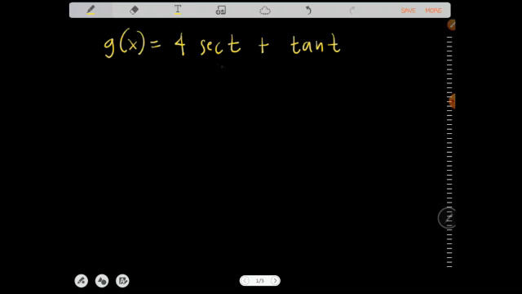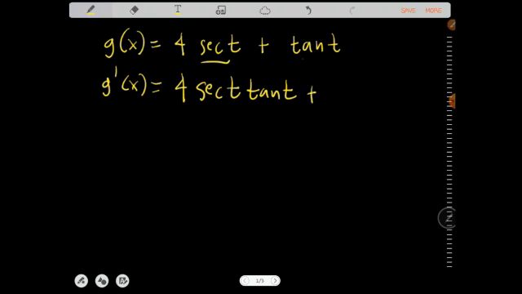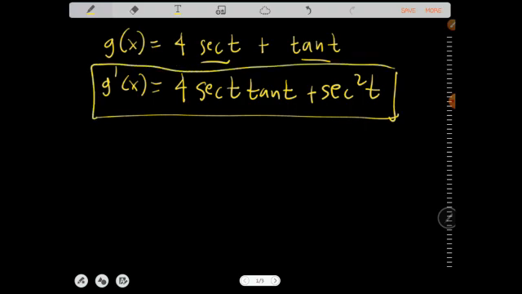However, yung ating secant, di ba yung derivative of secant u is equals to secant u times tan u. So in this case, yung ating g prime of x is equals to 4 secant t tan t plus yung tangent naman, yung derivative niya, di ba, sa ating differentiation of trigonometric function is equals to secant squared t. So, eto lang yung ating gagawin dyan. You just have follow the rules.